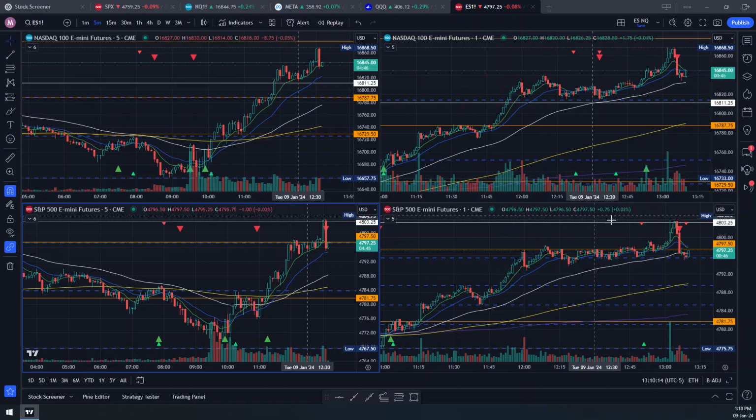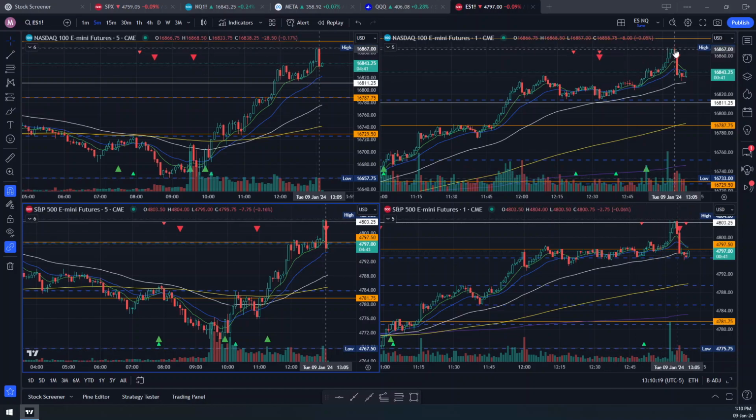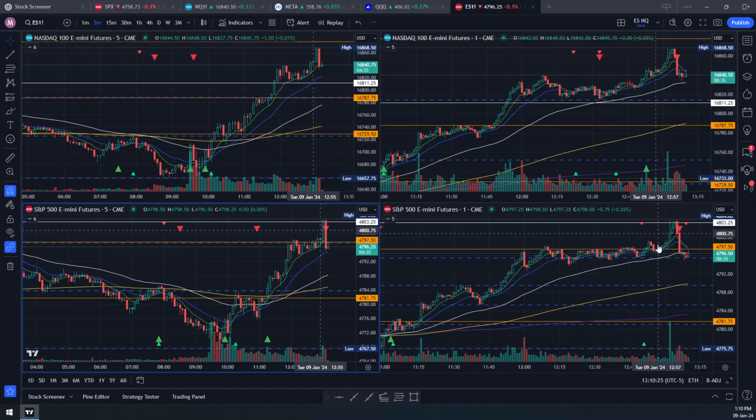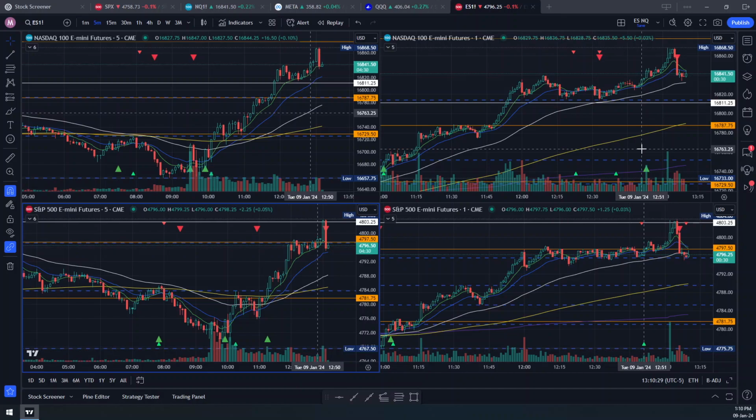So here basically I was looking at a resistance level of ES and I was trading NQ based on that. Similarly, you can do vice versa. You can look at resistance levels of NQ and trade ES, because sometimes what might be a resistance level for NQ might not be a resistance level for ES.